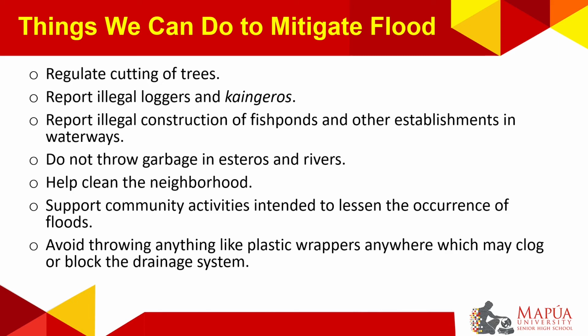If the capacity of our drainage system is hindered by the pollution that we contribute, of course, we will be more prone to urban flooding at that point. Support community activities intended to lessen the occurrence of floods, and avoid throwing anything like plastic wrappers anywhere which may clog or block the drainage system.